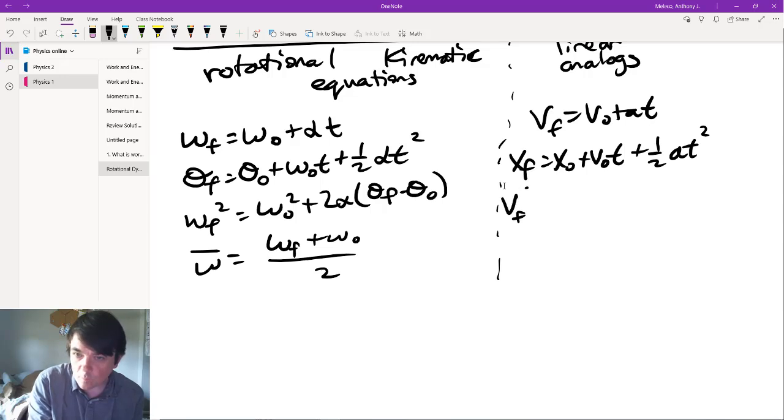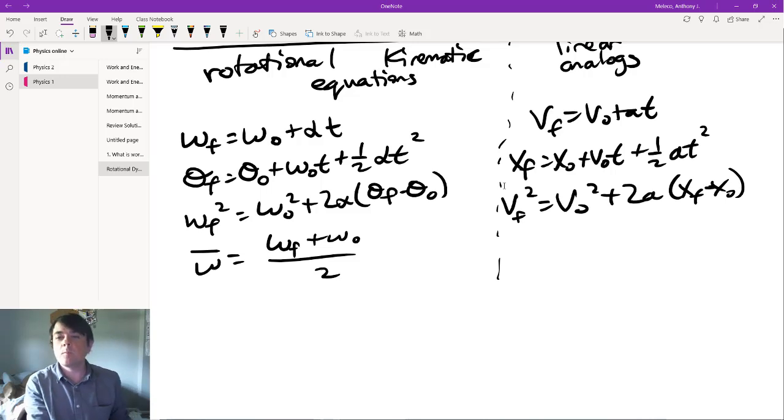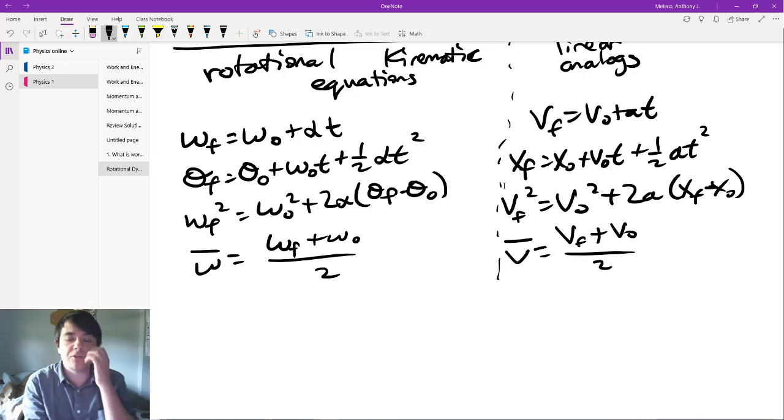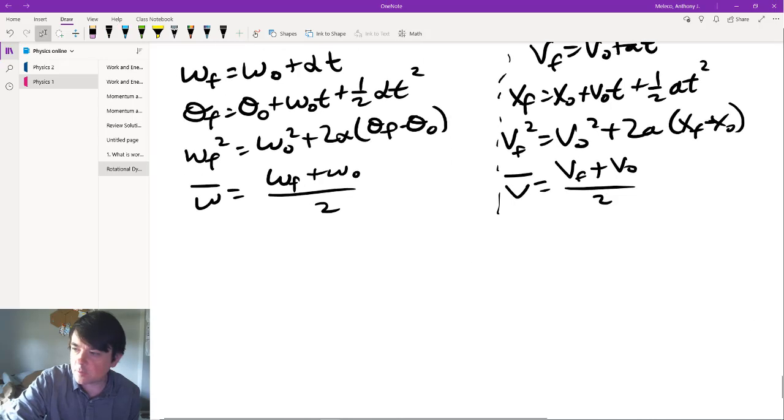If this surprises you that these equations are basically the same, you just swap out the angular term for the linear one. The reason is they were derived under the same laws of physics, F equals ma. Just because you're rotating, the laws of physics don't suddenly change. So of course these look the same. They should.